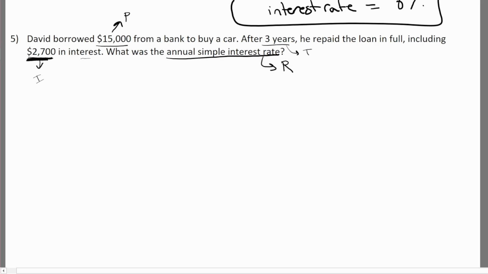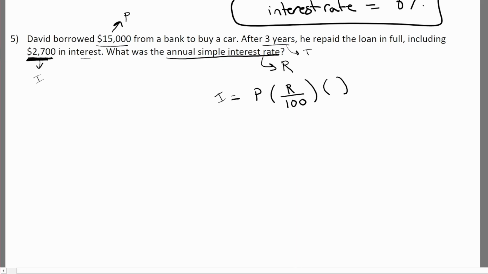So this question is similar to the previous one. However, in this case, they didn't tell you the total amount. They directly gave you the interest, which makes it even easier. So I can just go ahead and write out the rule. So I is equal to P multiplied by R over 100 multiplied by T, which is 3.